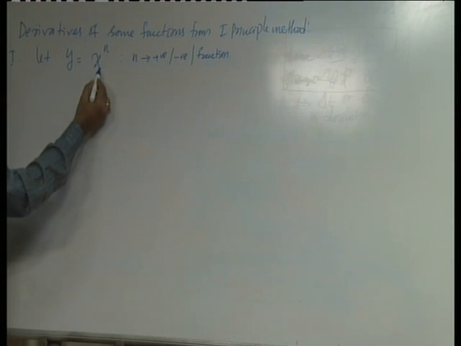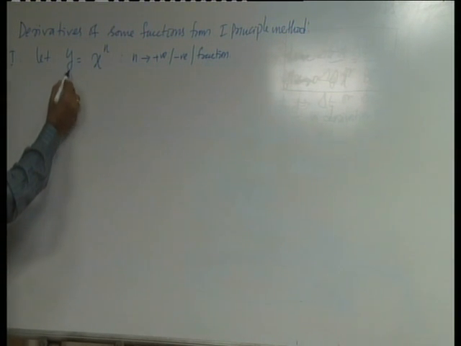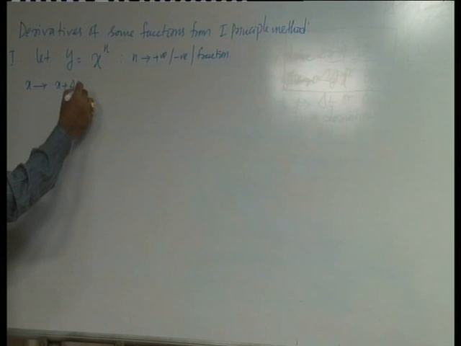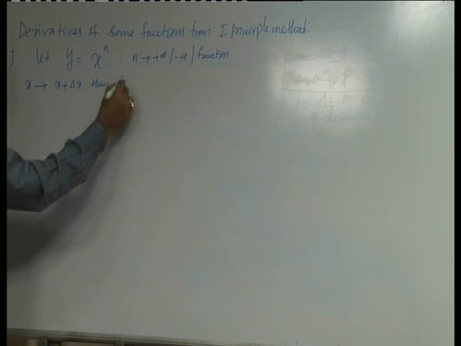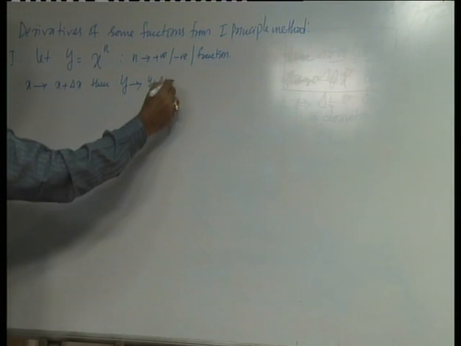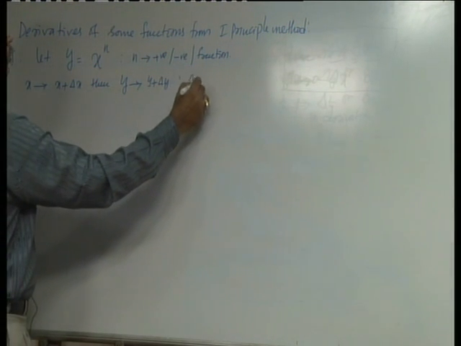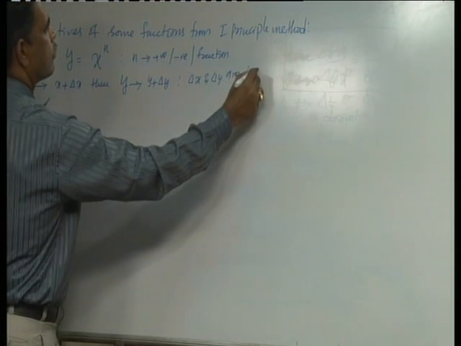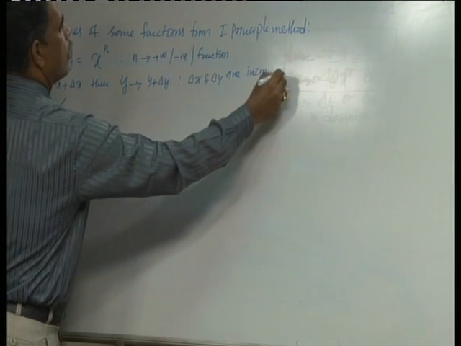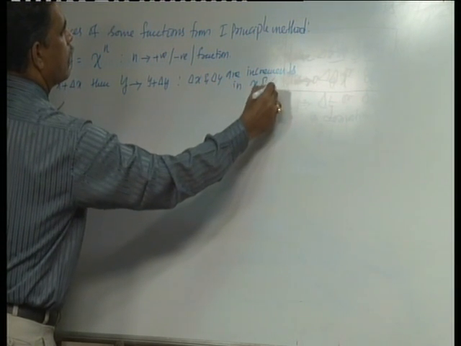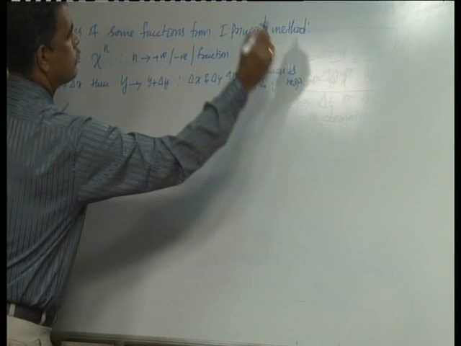As x changes to x plus delta x, automatically y changes to y plus delta y, where delta x and delta y are increments in x and y respectively.